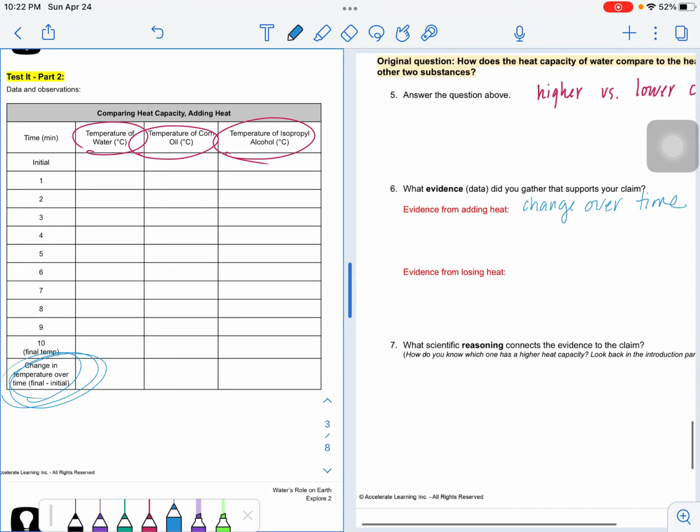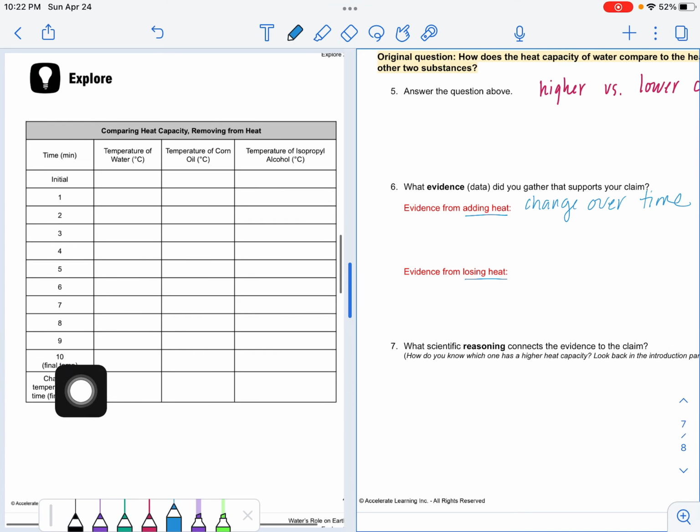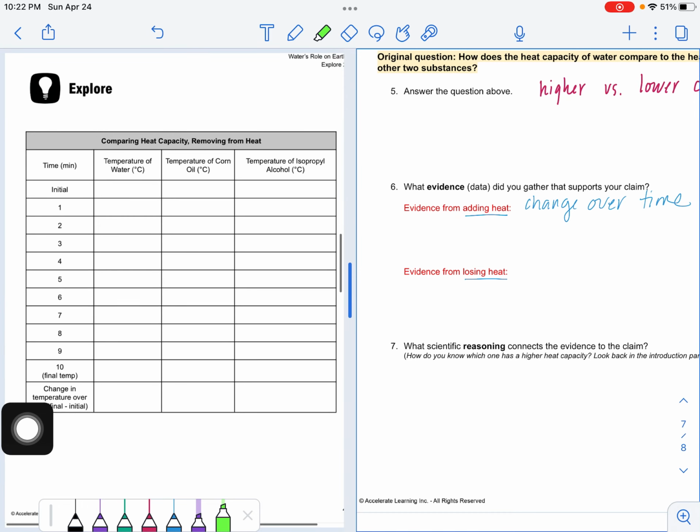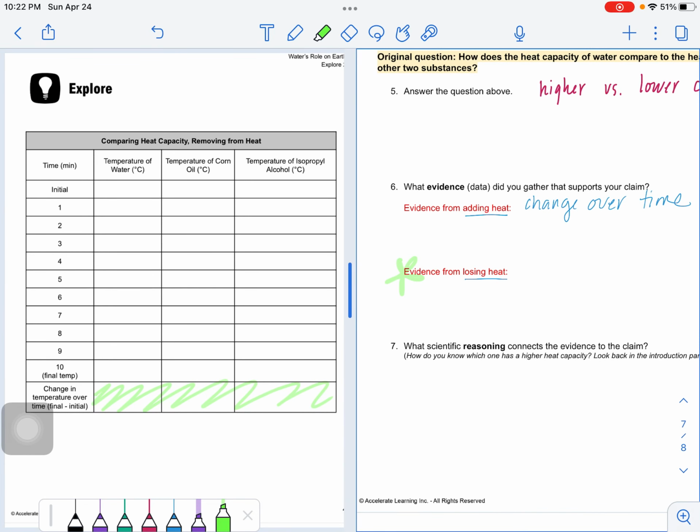You've got an adding heat statement spot. So what did we notice in the data table when we added heat? And what did we notice in the data table from losing heat? Same thing down here, change over time. So these actual numbers, these numbers here, should be found in this statement supporting what you just set up here for high versus low.